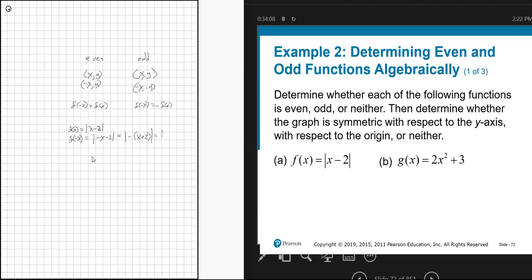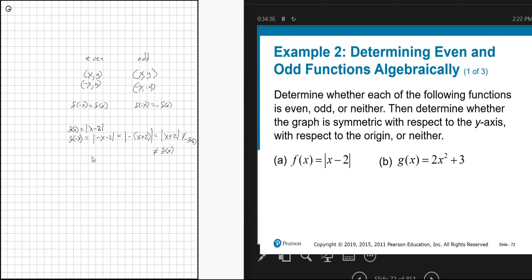So this is going to be the absolute value of x plus 2, which does not equal f of x. And it also does not equal the negative of f of x. So just by putting negative x in for x, I can look and see what happens.